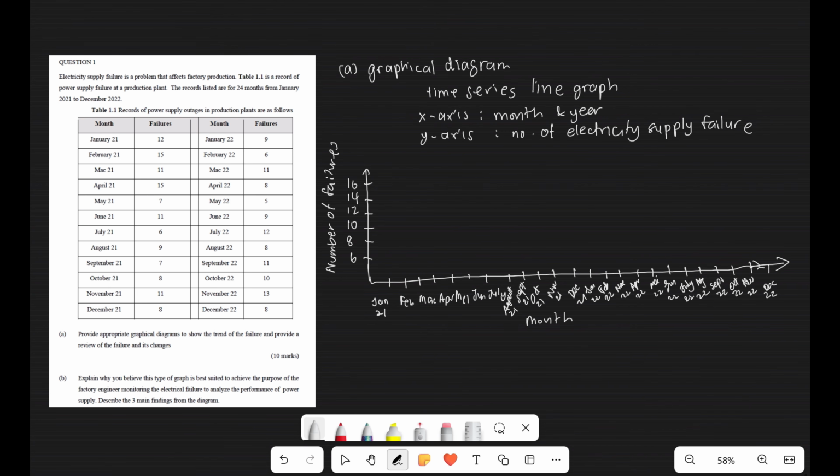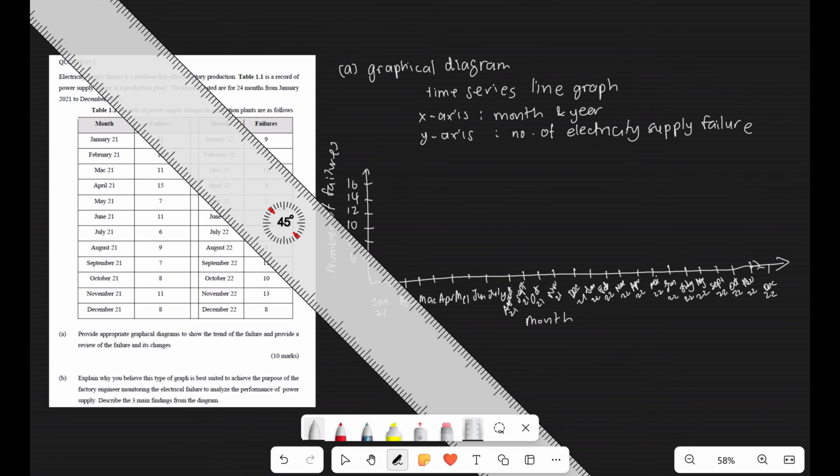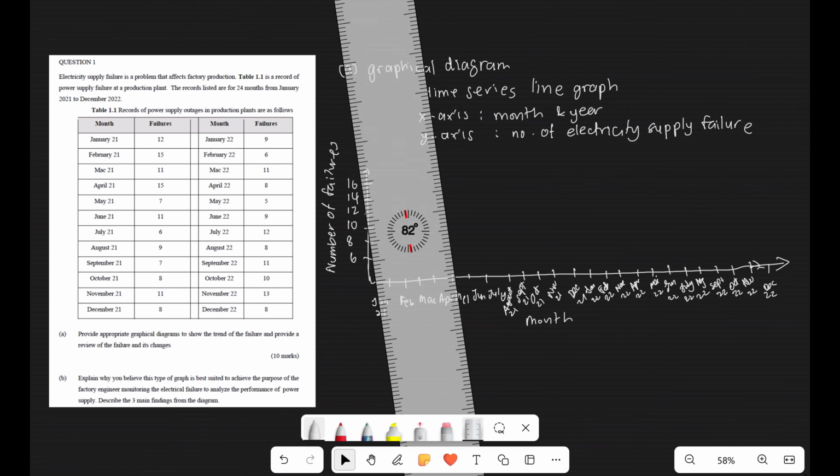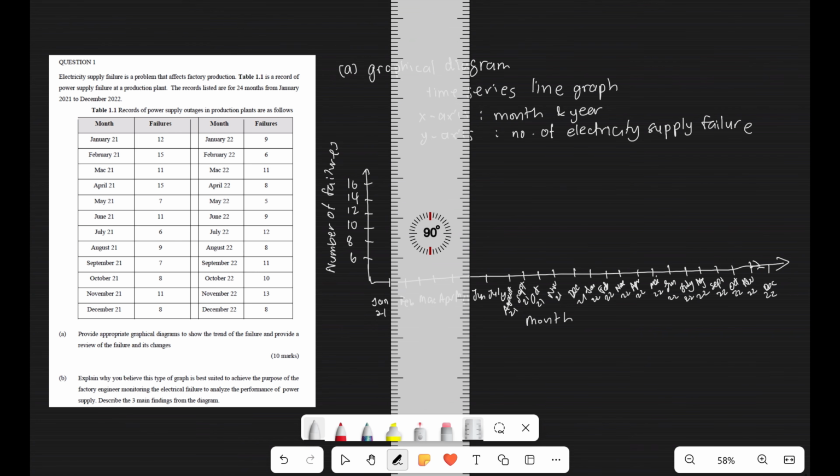Okay, for January is 12. So you can use your ruler, so you have to bring your ruler.